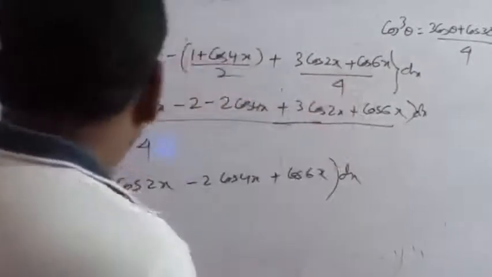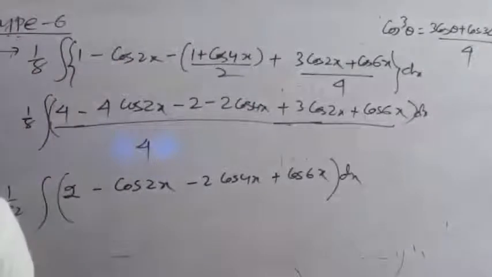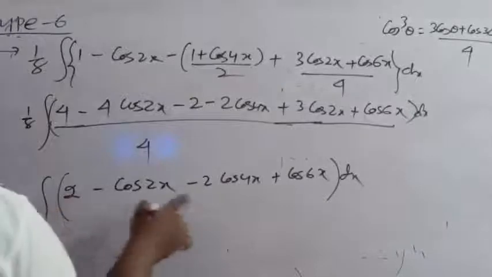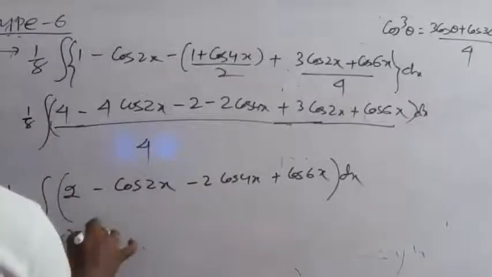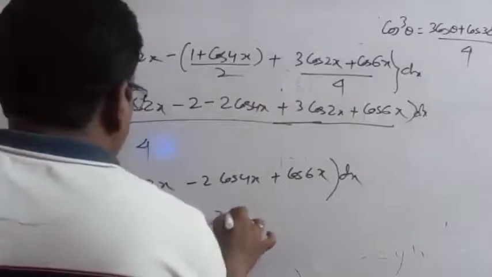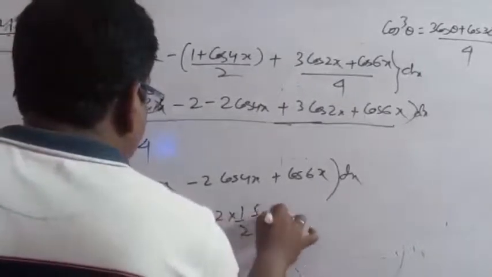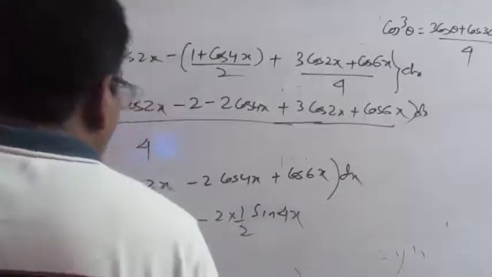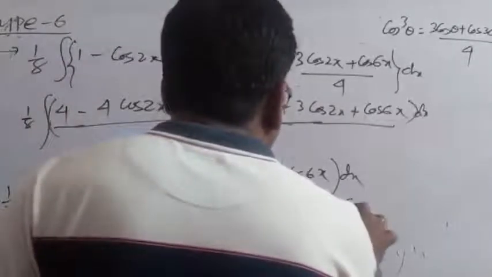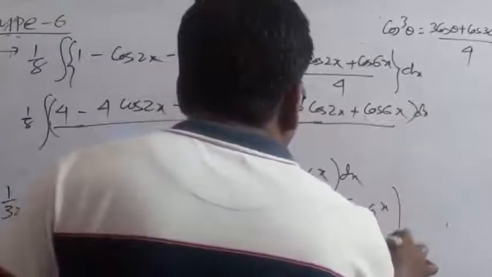This is correct. So 1 by 32, this is equal to what? 1 by 32, integration of 2 ds means 2x, minus 2 into 1 by 2, this is sin 4x, and plus 1 by 6 sin 6x plus c.